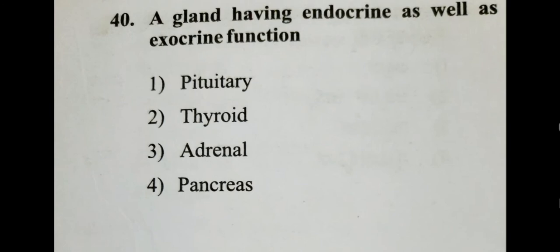Fourth answer is the right answer as it secretes insulin and glucagon which act as an endocrine. It produces pancreatic juice which flows in the pancreatic duct, hence it is called exocrine.